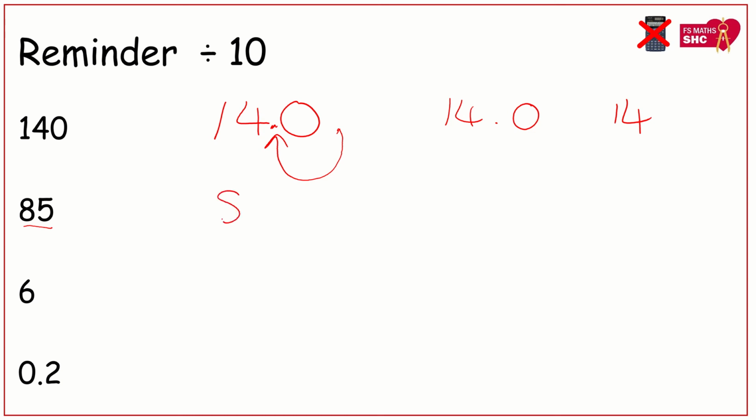Let's take a look at 85. Sorry. Oh, giving it away then. Imaginary decimal point goes in one place value to the left. So that gives us 8.5. The number 6, there's no decimal point, but imagine it's on the right hand side.